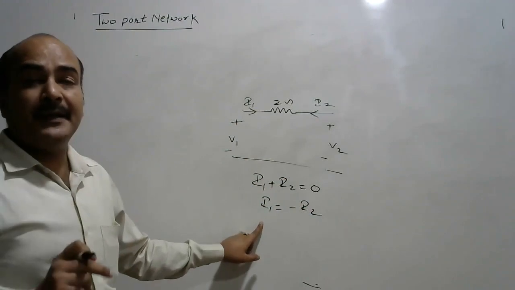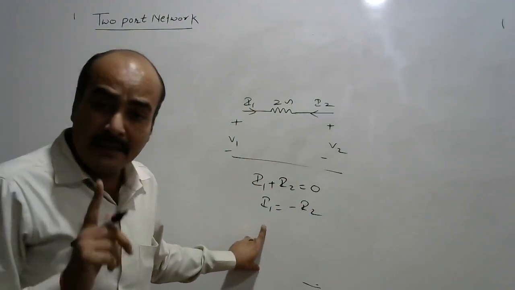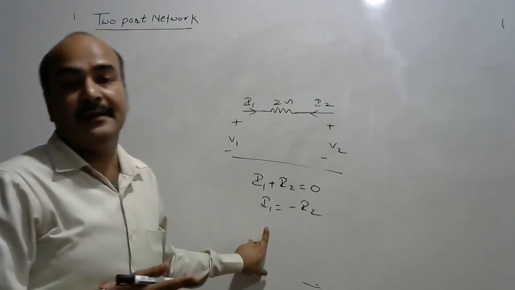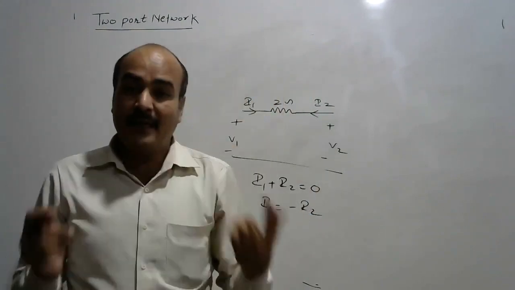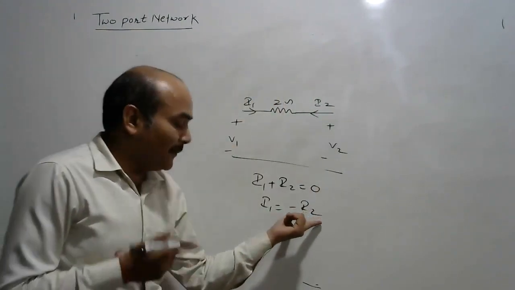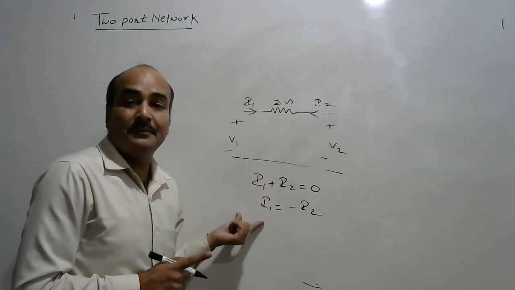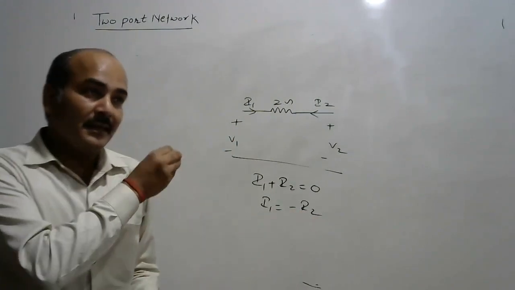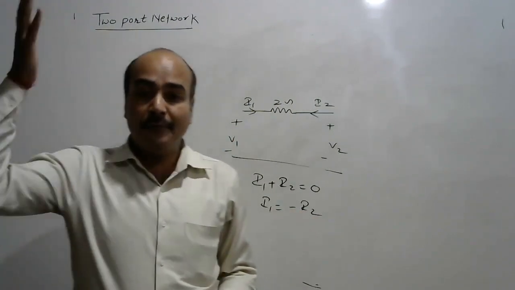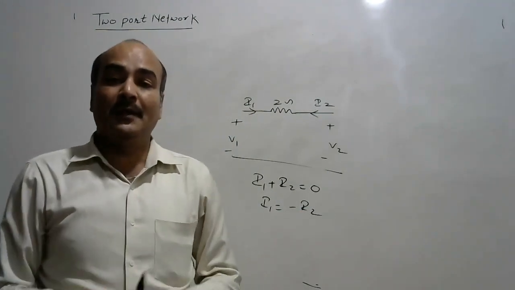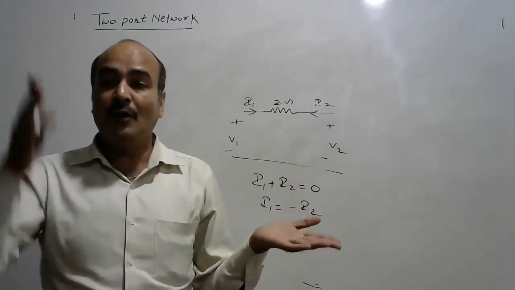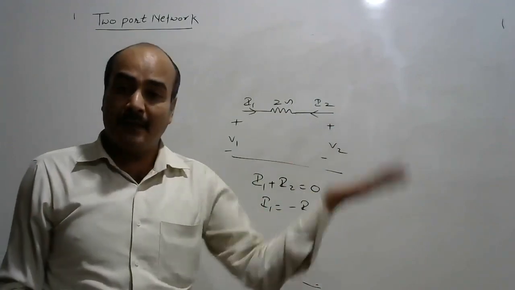So how can we find the Z parameter? One time we open the output circuit, and the second time we open the input circuit. If we make I2 equal to 0, I1 becomes 0. So what is the sense here? If you open the output port, the input becomes open. You are making I2 0, I1 becomes 0.